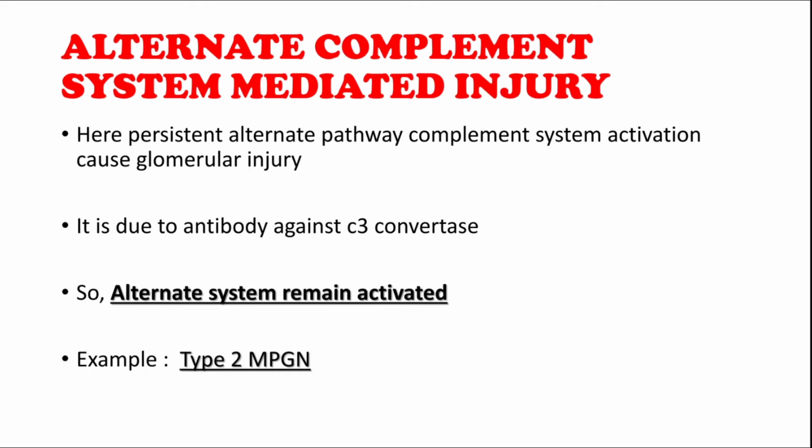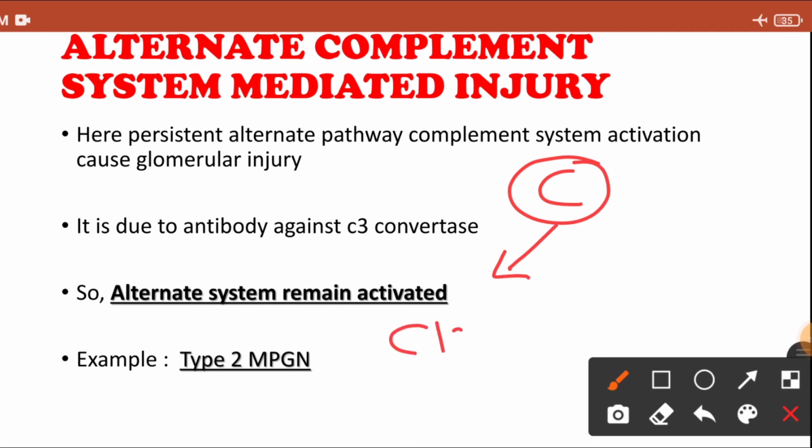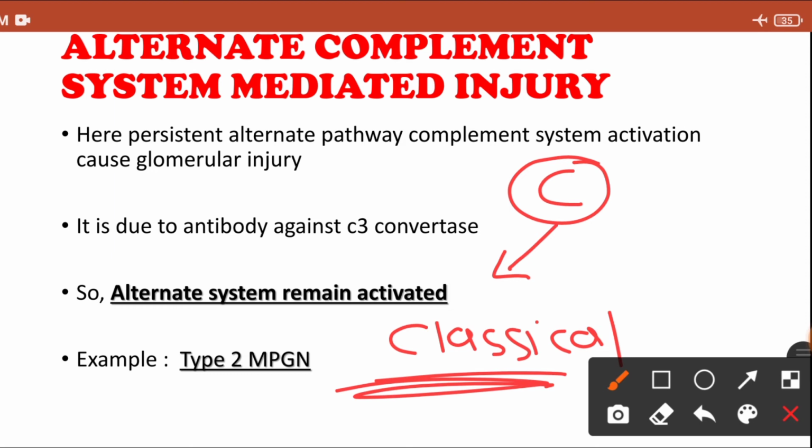Now the third variety is alternate complement system mediated injury. Here, friends, there is a persistent activation of the complement system by the alternate pathway that will lead to glomerular injury. We know that complement activation can occur by two pathways, classical and alternate, right?